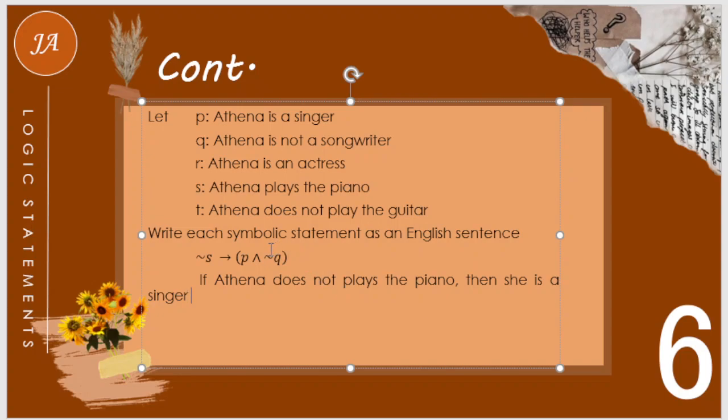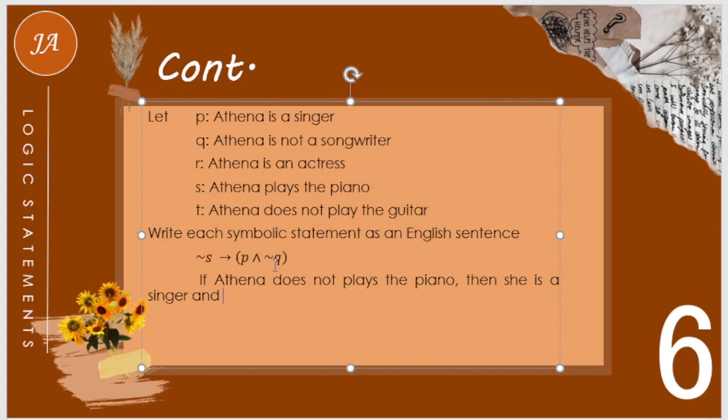Then we use a connective and. R, Q is a songwriter. Since it is a negation of Q, therefore, we let Q as Athena is not a songwriter.